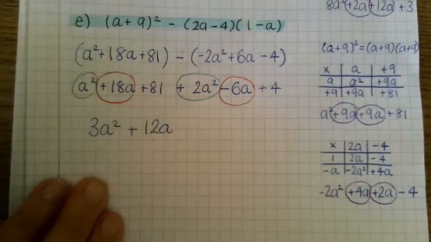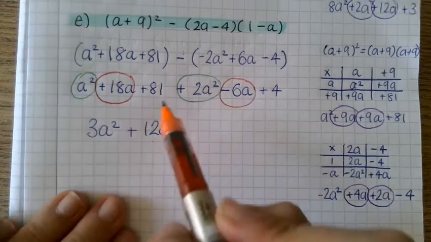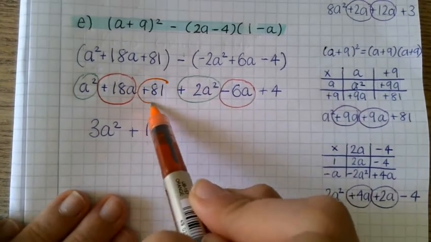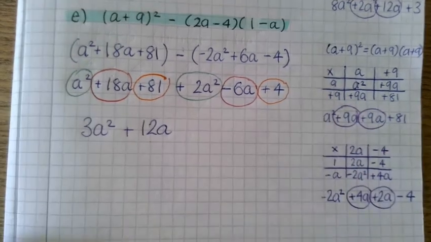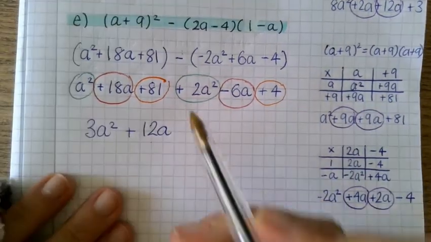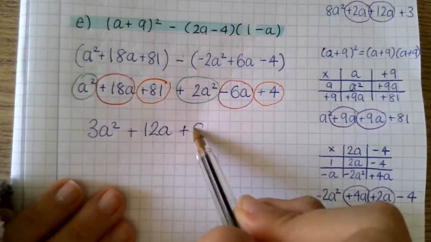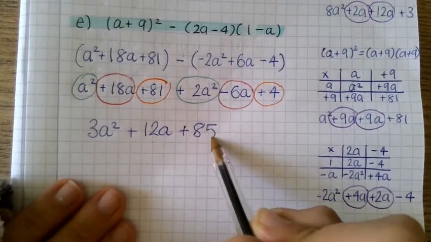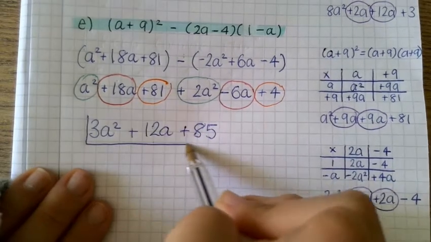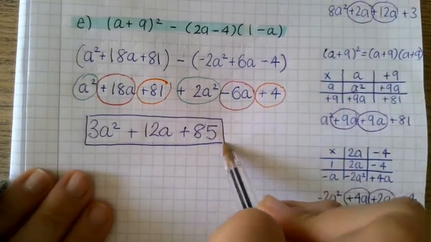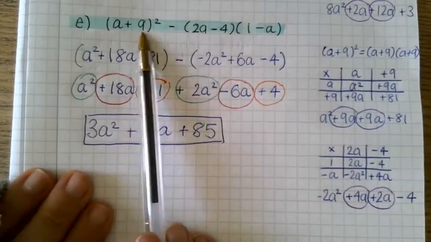And lastly, my two numerical values can be collected together, so positive 81 and positive 4. And they will collect together to positive 85. So this is my final answer when I expand and simplify this expression.